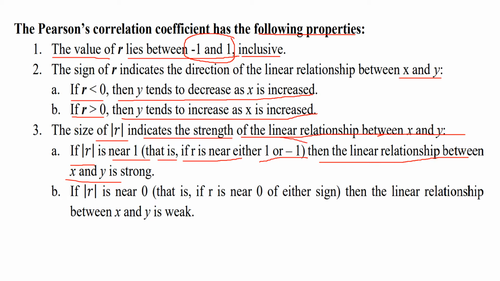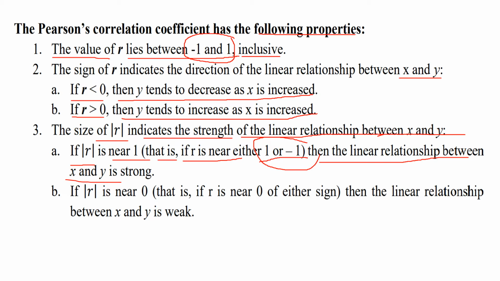So if the absolute value of your r is near 1, because we're looking at the absolute value, we're not subjecting the value to the sign being involved. Our concern now is to look for the absolute value of your r.